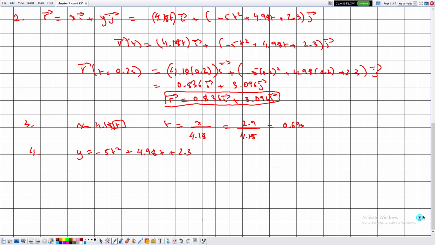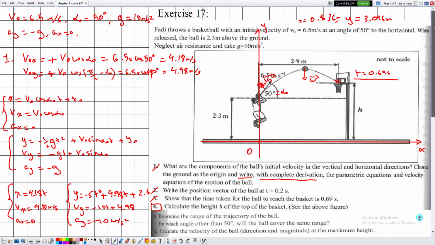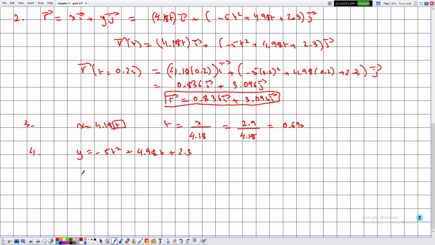So let me say that this distance, which is denoted by h, corresponds to y for t equal to 0.69 seconds, which is equal to minus 5 times 0.69 to the power 2 plus 4.98 multiplied by 0.69 plus 2.3. Now we expect that this value must be positive because h is positive.